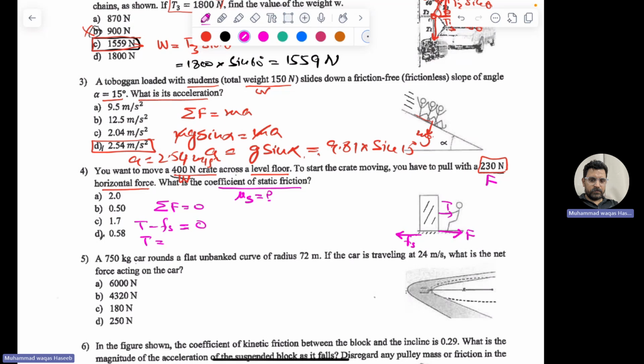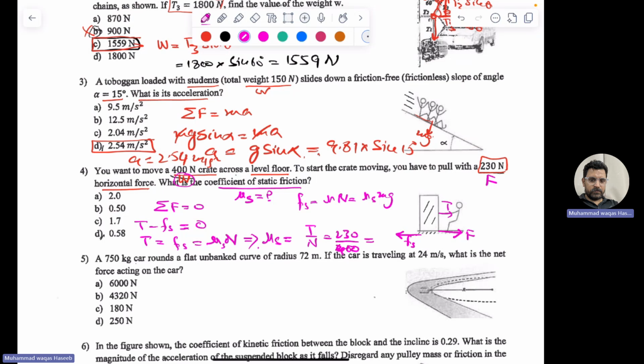Fs is mu times n, and the normal force is your weight W. So mu s is T over n, which is 230, the force you are applying, divided by the normal force, your weight, which is 400.